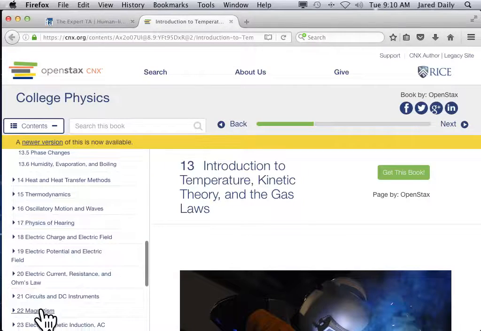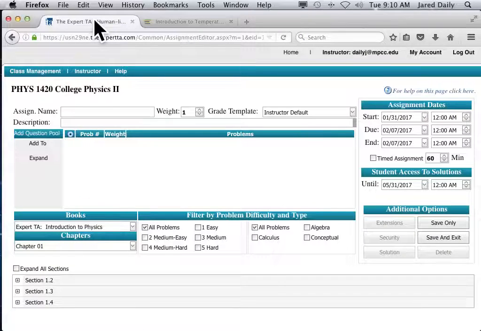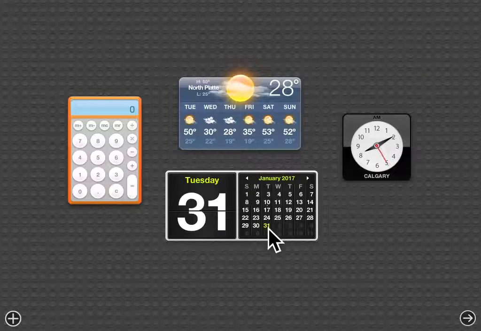So today we start chapter 20. Next week we start chapter 21. And so it would be 2 weeks from now. Today is the 31st. And then we have the 7th.